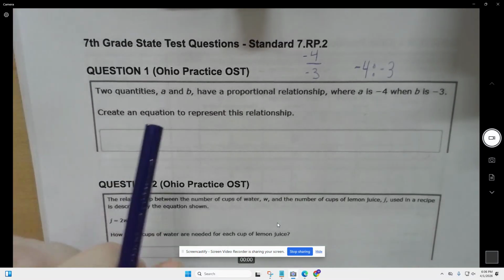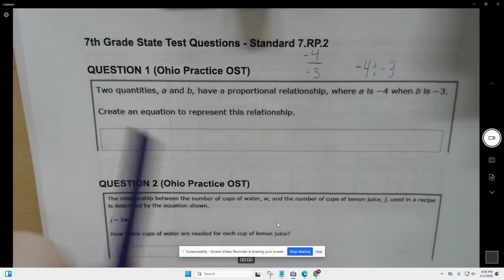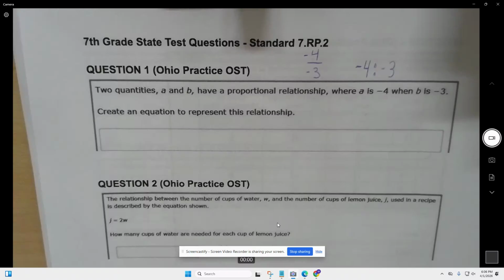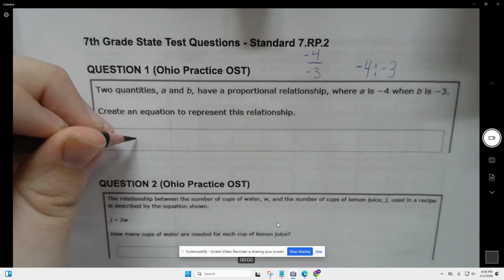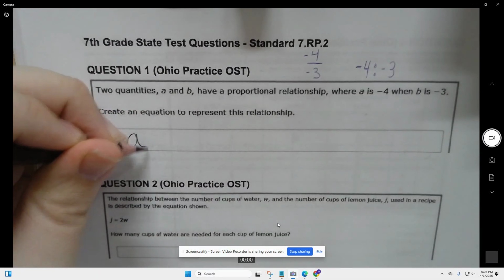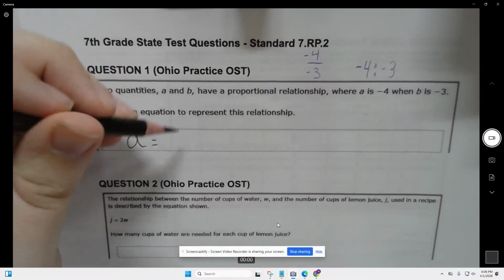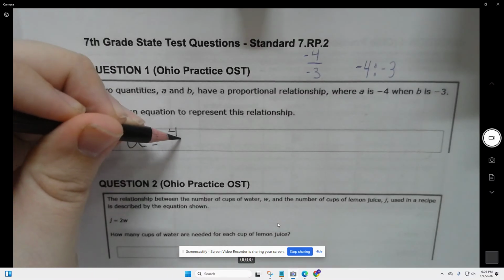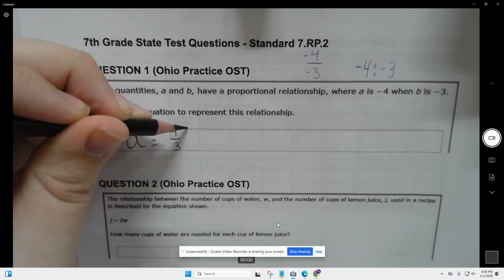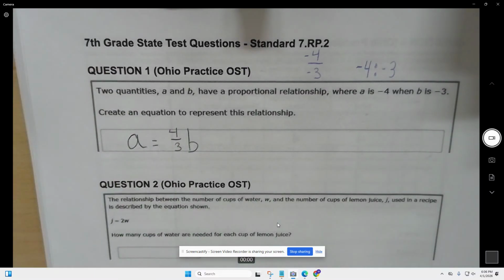So when they want you to have this proportional relationship, if A is -4 when B is -3, then all you need is a situation where you have A is equal to 4/3 of B. Okay?